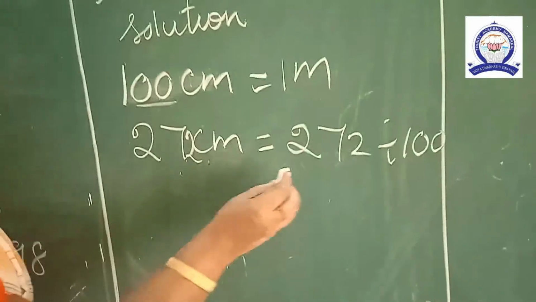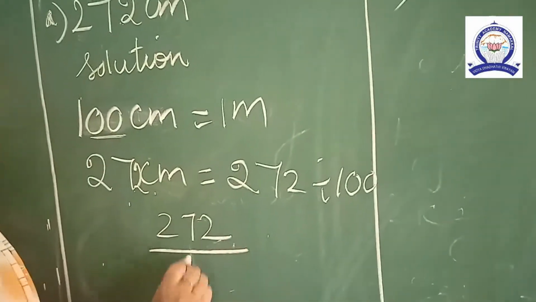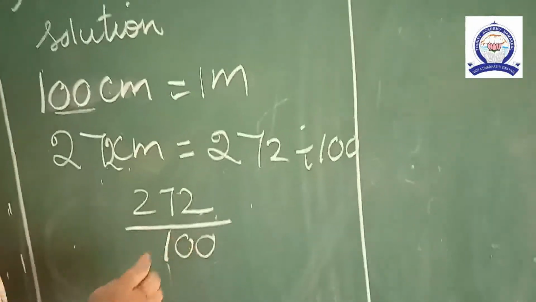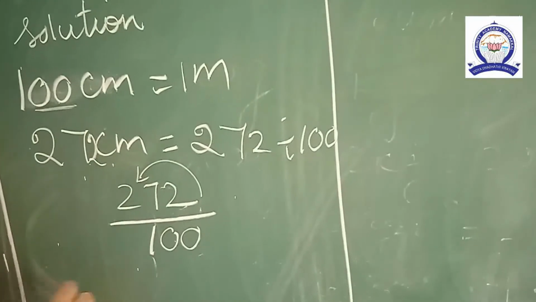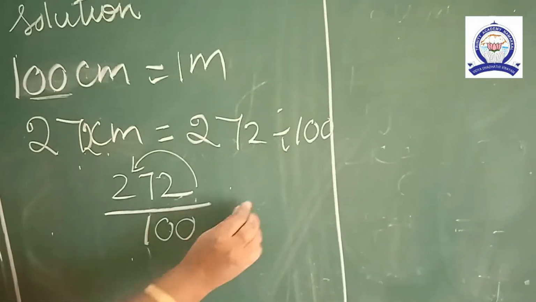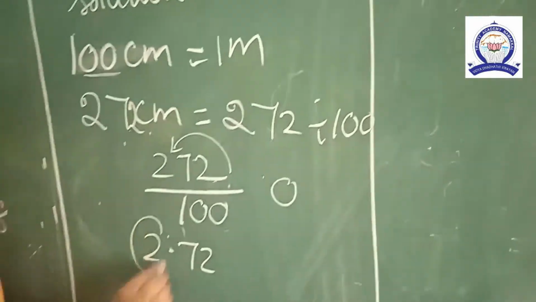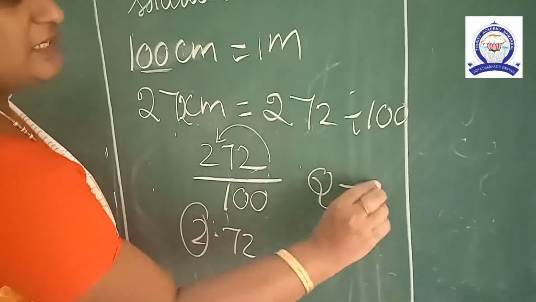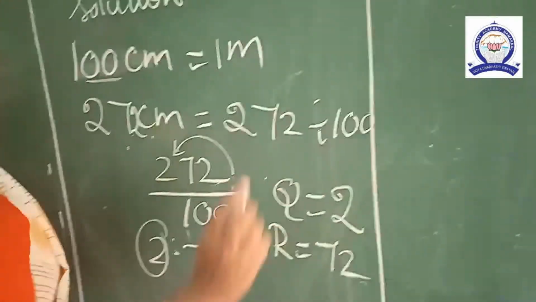So if you divide 272 by 100, in 100 we have two zeros, so the point will move two places towards the left side. The point will come here, 2.72. So 2 is the quotient. The quotient is equal to 2, the remainder is equal to 72.